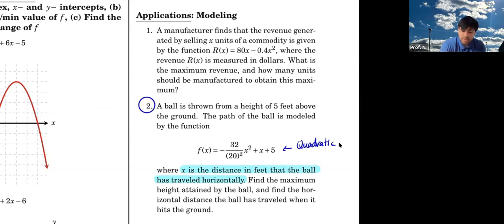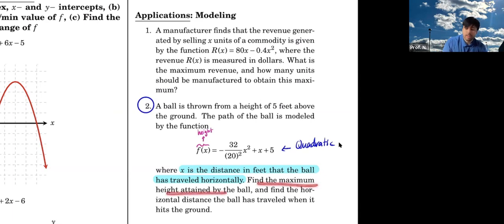Oh, I should have specified this a bit more. Given the distance that it traveled horizontally, the function gives you the height of the ball. So f of x gives you the height. That's why we want to find the maximum height, and we want to find the horizontal distance when the ball hits the ground.